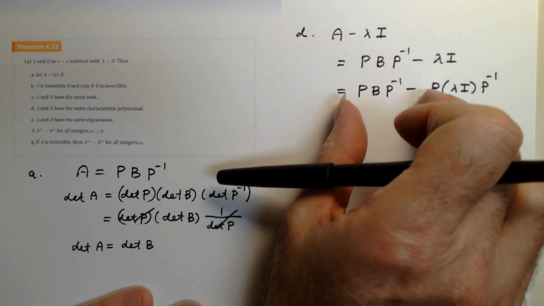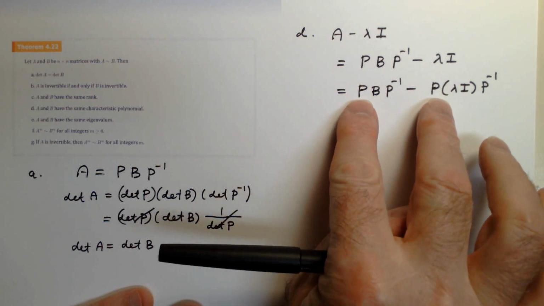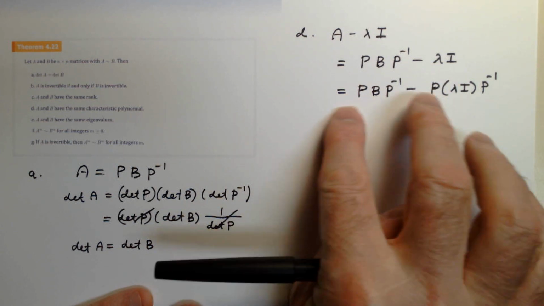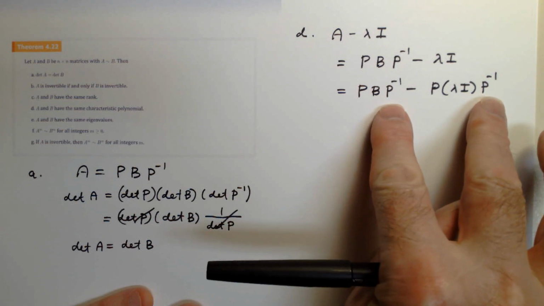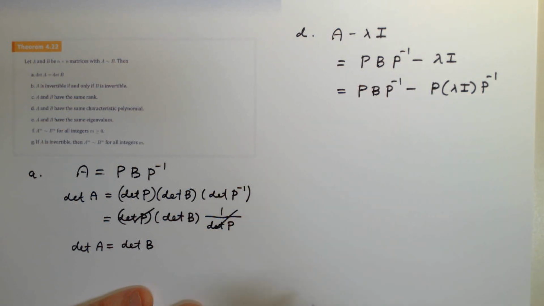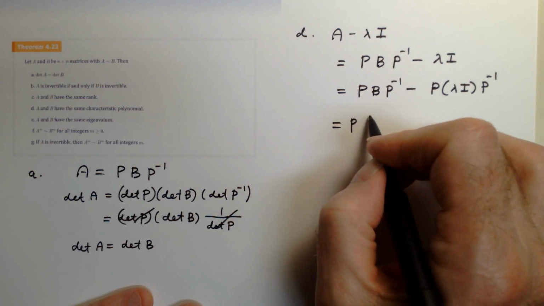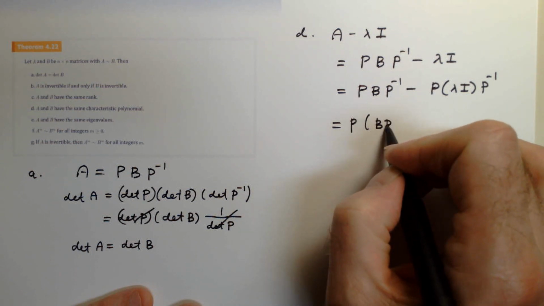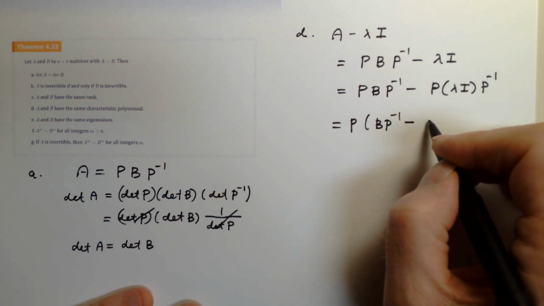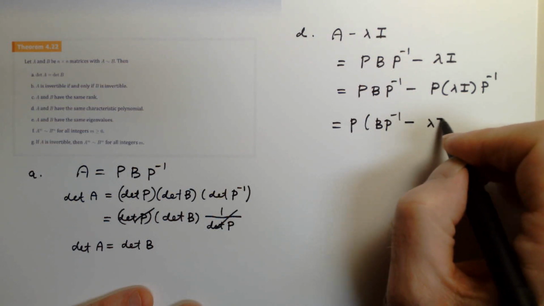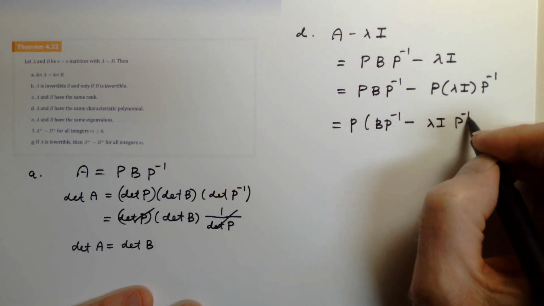So these two parts are equal. And now, what I'm going to do is I'll do 2 factorizations. First, I'm going to factor P out on the left, and then in the second factorization, I'll factor P inverse out on the right. So factoring out on the left, we can write this as P times B P inverse minus lambda times I times P inverse.